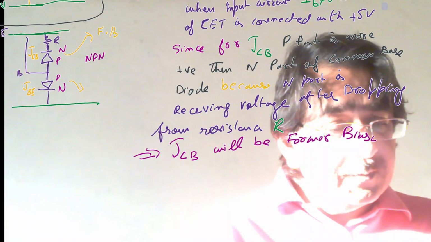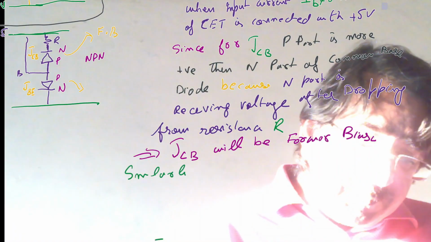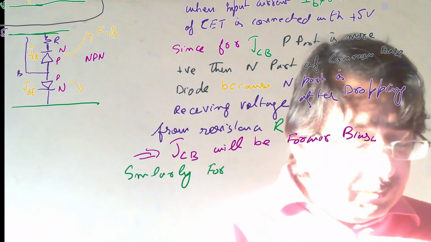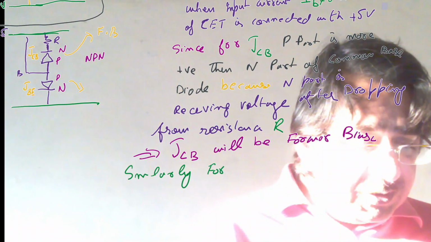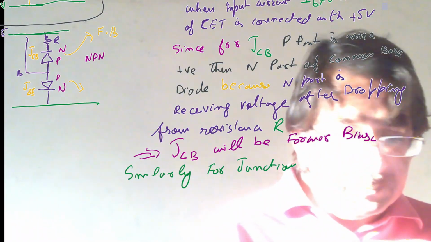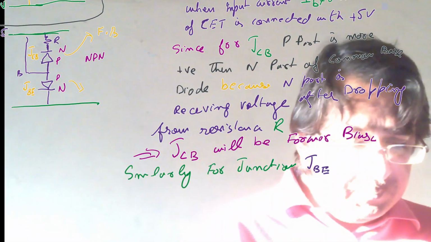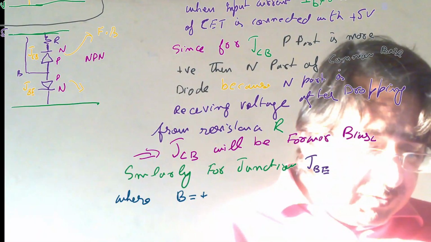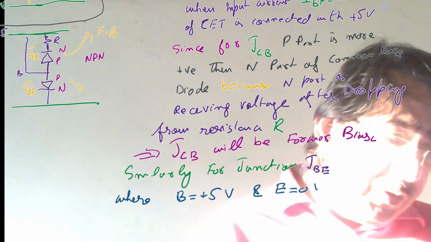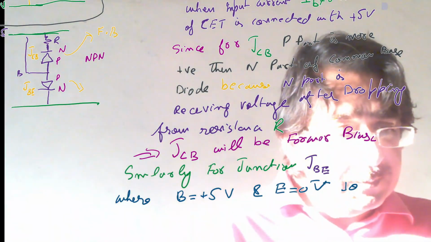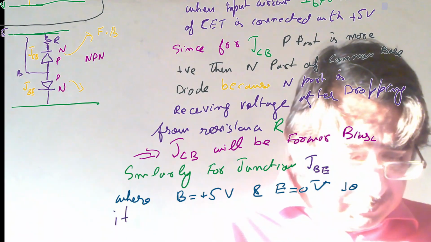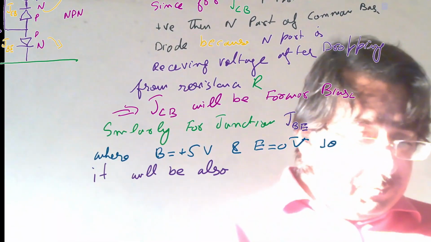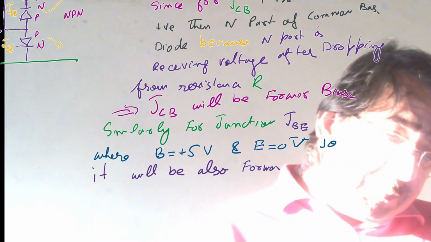Similarly, for the junction JBE, where B is plus 5 volts and E is 0 volts, it will also be forward biased.